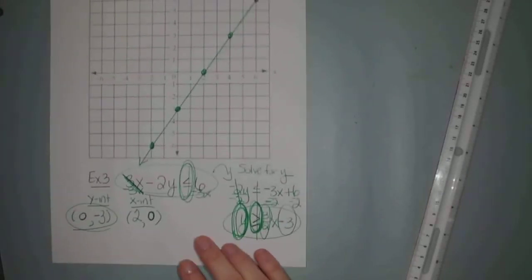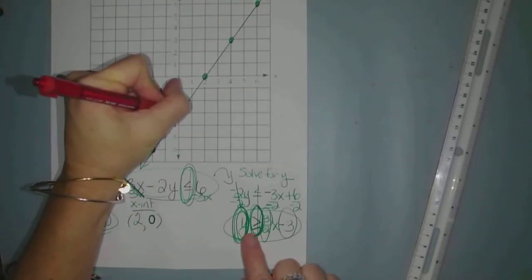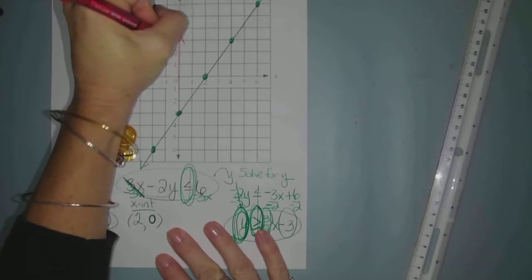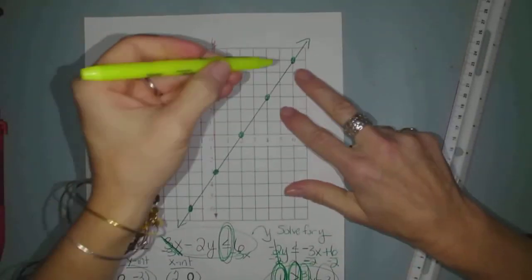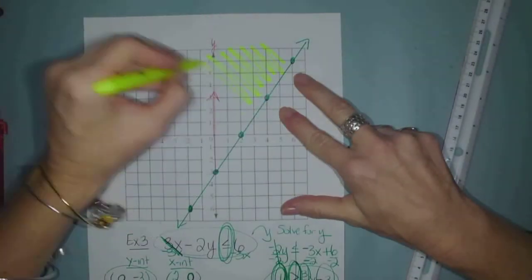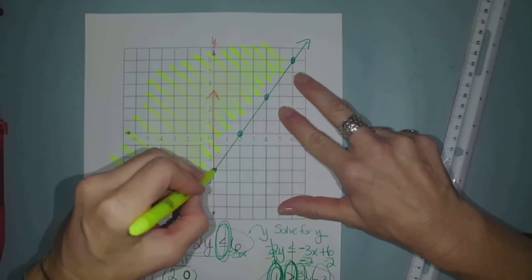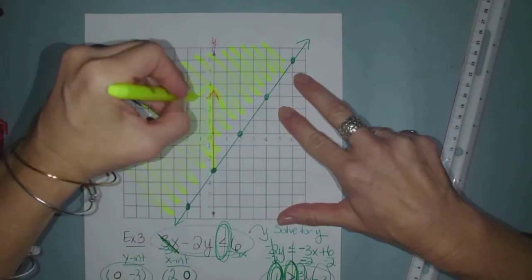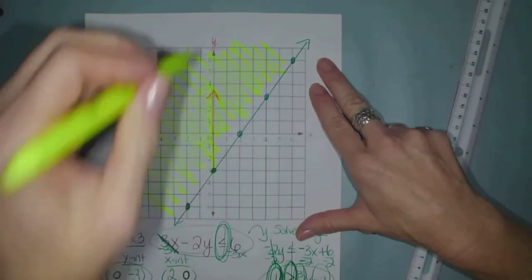So put your pencil on the y-intercept. And where would y be getting greater? Up. So you got to shade up and color this side of the line. Greater than. Put your pencil here on the intercept, greater, y greater. It's not what x is doing, it's what the y is doing.